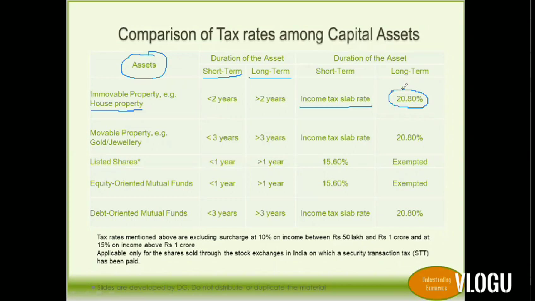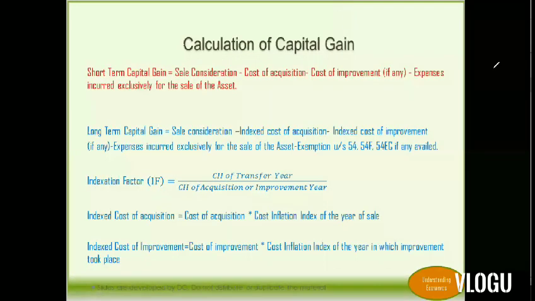So let us now find out what are the capital assets we do have in both the questions. Now the treatment of the capital asset differs based on the short-term or long-term category. For short-term capital gain, what will be the calculation formula?